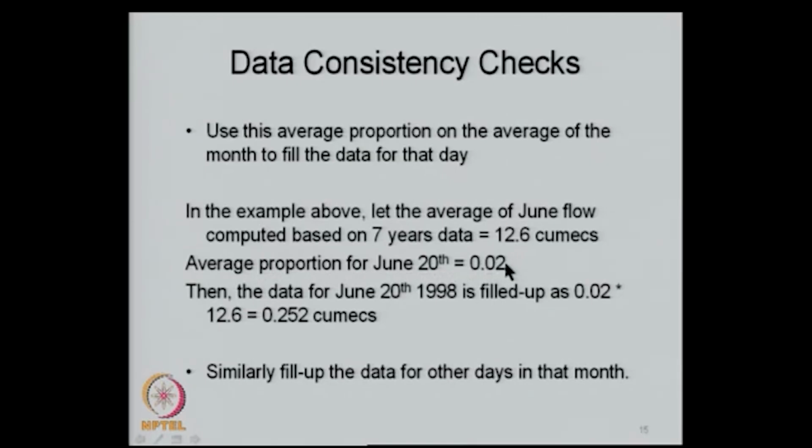This is what we computed based on all the available data for June 20th with respect to the total flow. The data for June 20th 1998 is 0.02 into 12.6, which is 0.252 cubic meters per second. So, like this we fill up for individual days for each of the data.